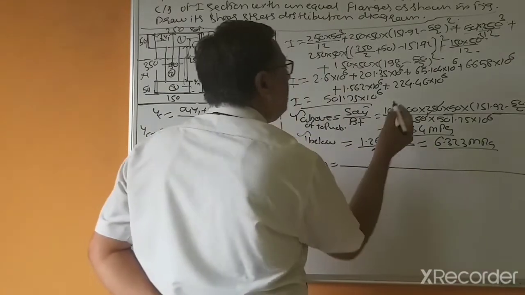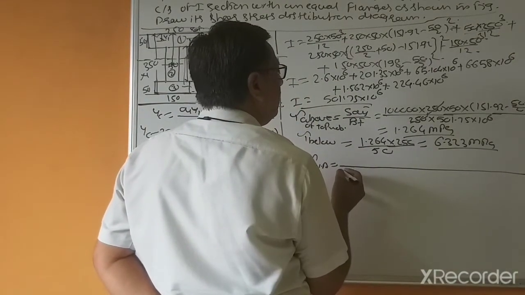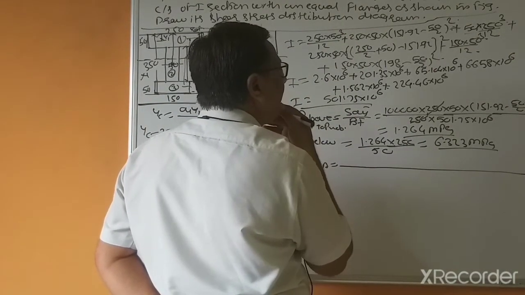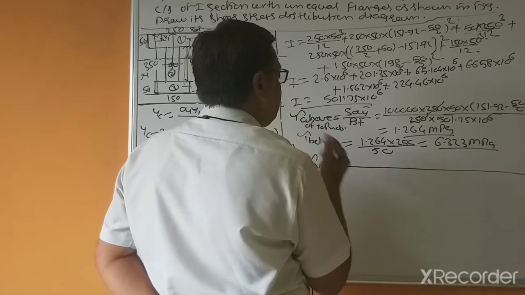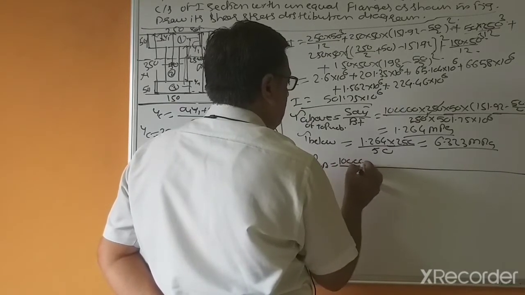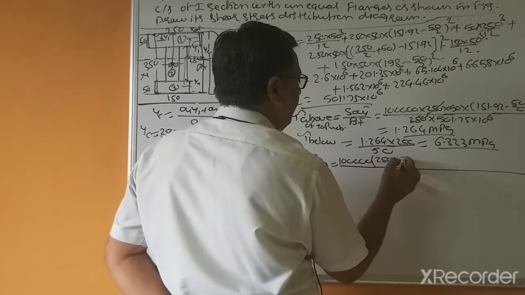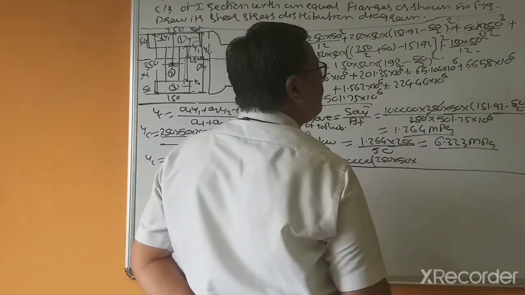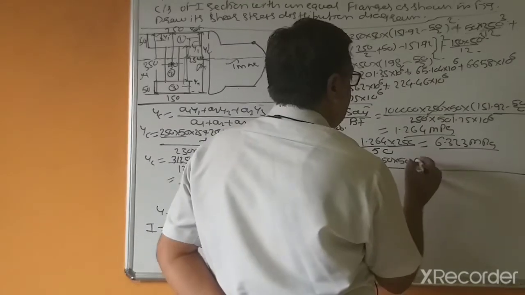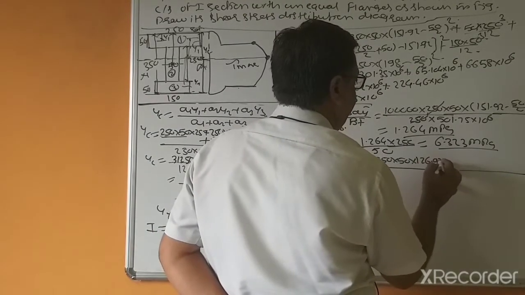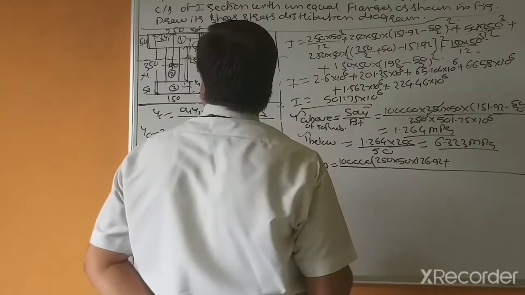So here again this is same. In bracket 250 into 50, 126.92 plus area.